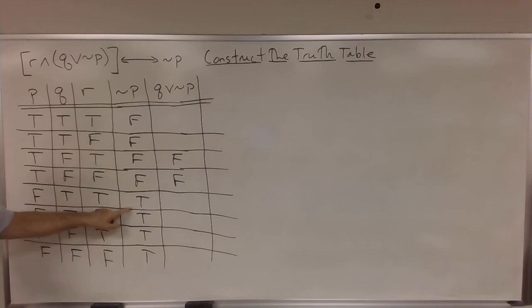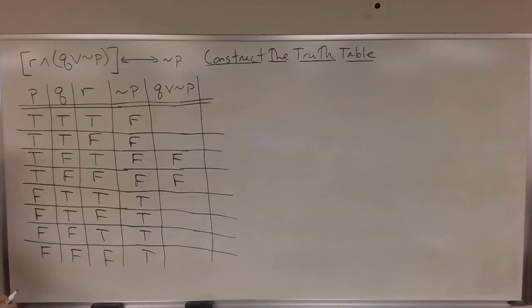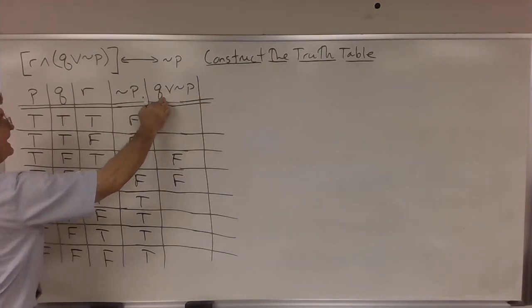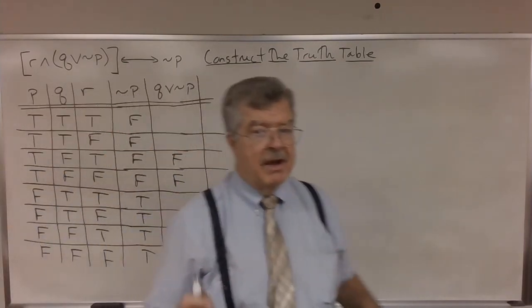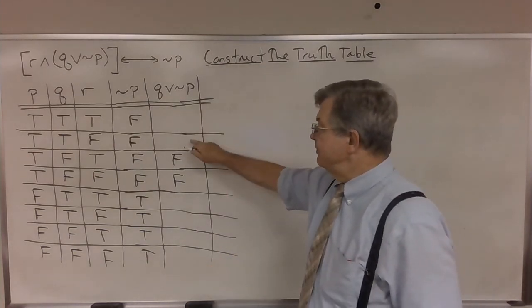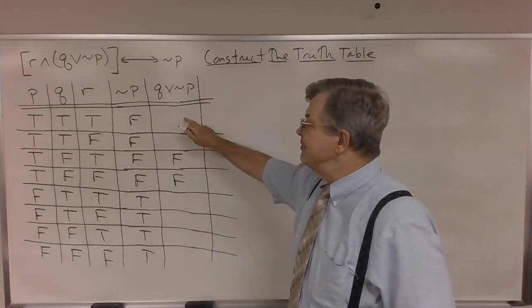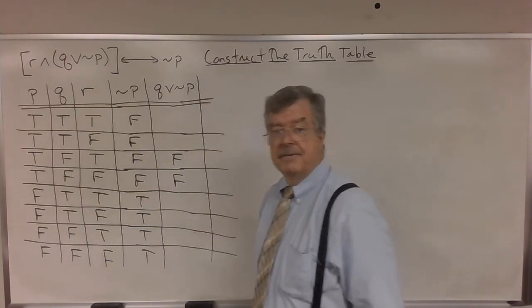And the rest of the way down this column, not P is true. So we don't have any more possibilities where not P and Q are both false. Which means, without even thinking, we know that all of the other truth values in this column are true.